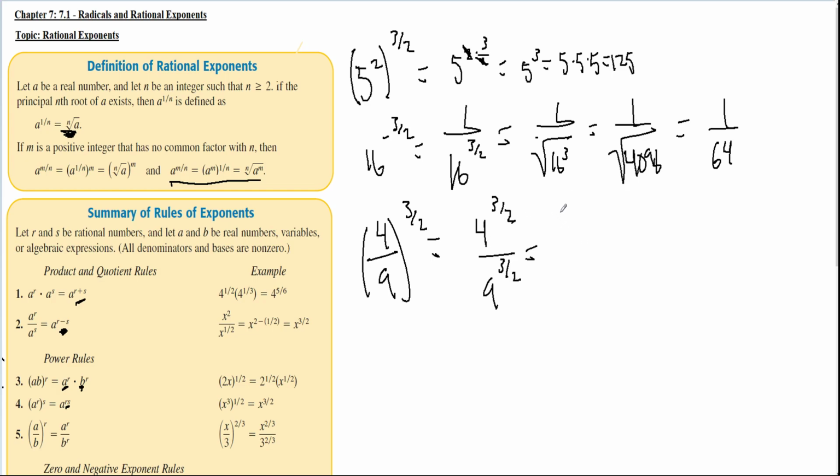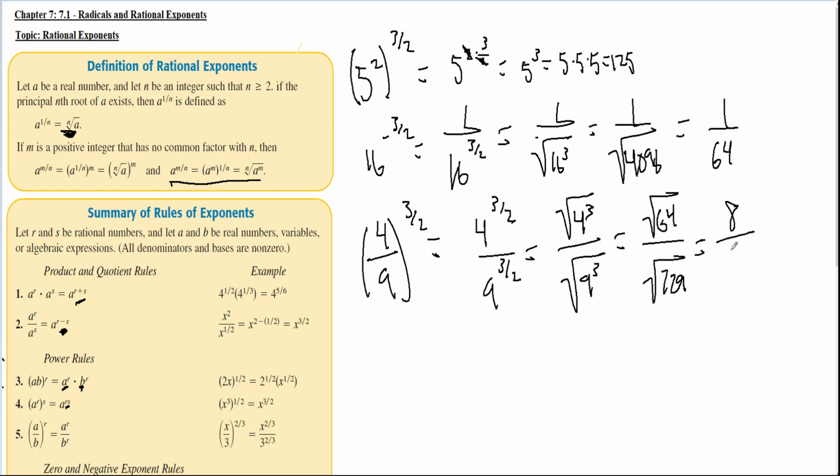So I have the square root of 4 cubed divided by the square root of 9 cubed. And 4 cubed is 64, so I'm taking the square root of 64, divided by 9 cubed, which is 729. So I'm taking the square root of 729. The square root of 64 is 8, and the square root of 729 is 27.